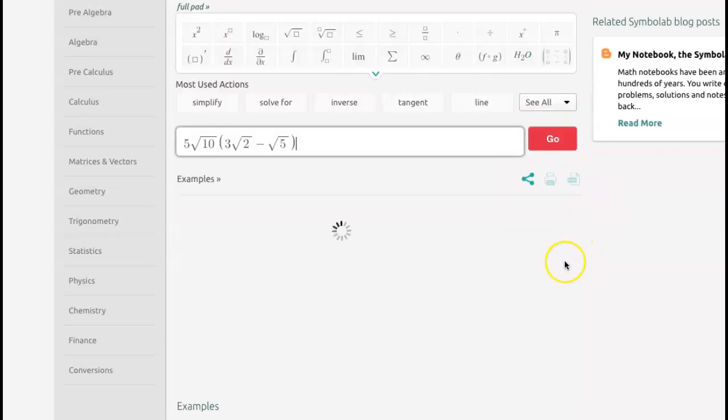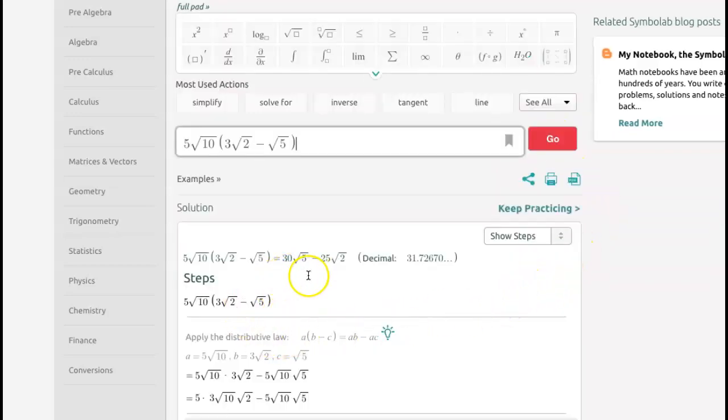We go, and it gives me this solution right here. 30 square root 5 minus 25 square root 2. Let me go to the answer key. Hey, that is the correct answer. Okay, so there I've got the correct answer.